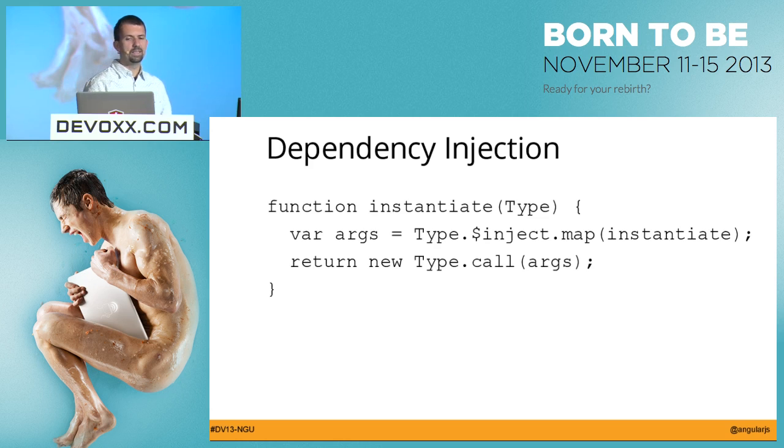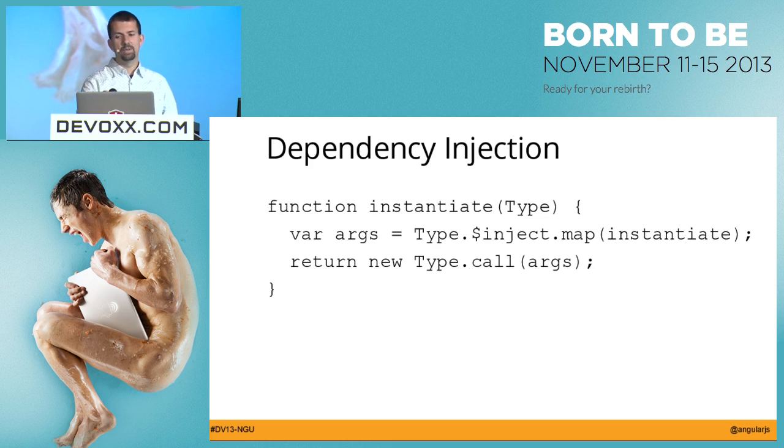What map means is simply take individual elements of the array and apply some function to it, and whatever the function returns becomes the new item inside of the new array that you return out of map. So type.inject.map(instantiate) simply says, take every single item inside of this particular array and convert it into an array of instances of the same types that you're asking for.